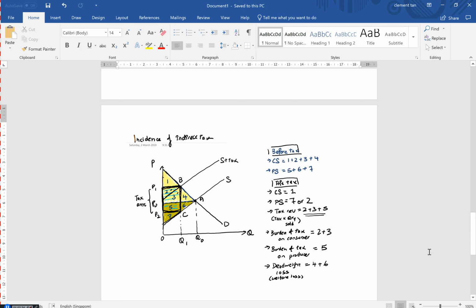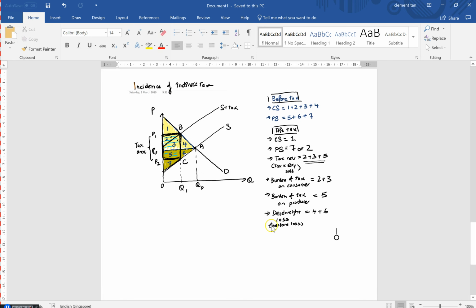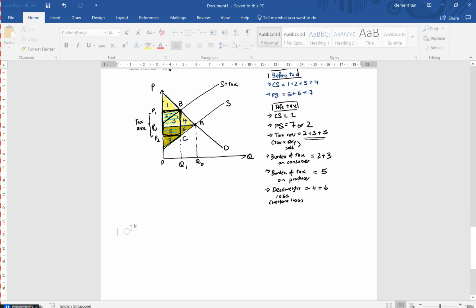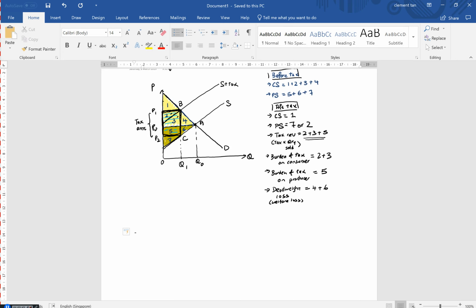Okay, now, if you look at it, when I draw this curve, it seems like areas 2 and 3 are bigger than area 5. That means that consumers bear a bigger burden. Am I correct? But that's because it really depends on the slopes of the demand and supply curves.